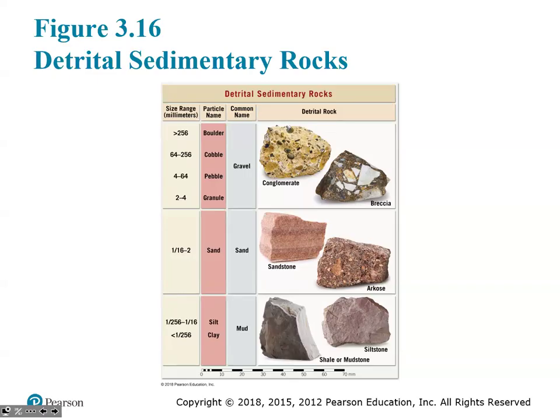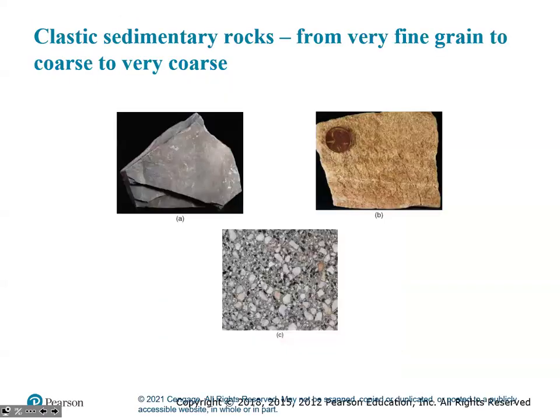You can see these are much finer. Here we have from fine grain, like a shale, to coarse, like a sandstone, and then this is a breccia, I believe, the very coarse.